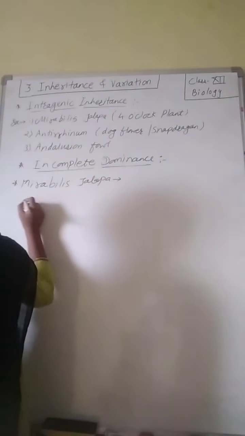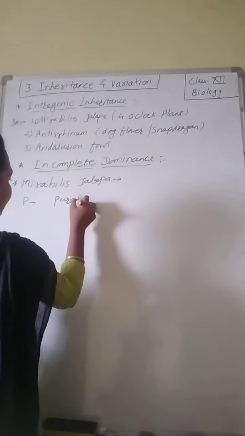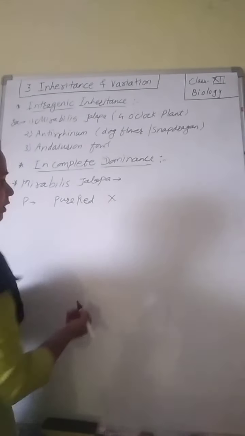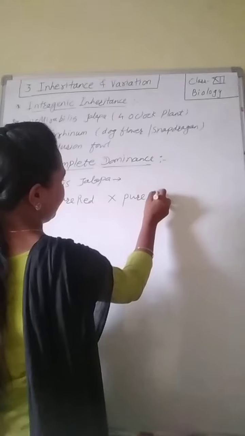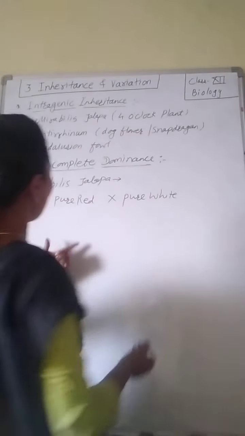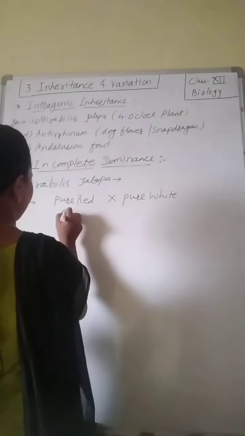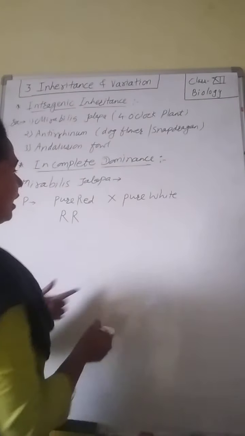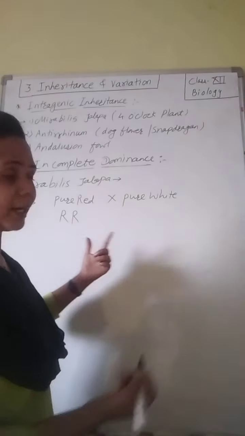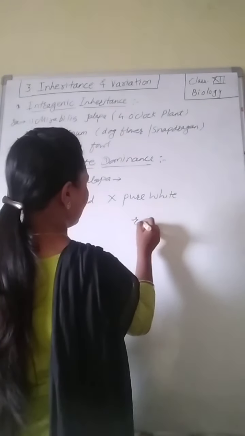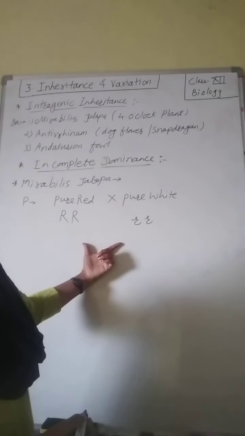Pure red is crossed with pure white. Pure red is denoted by the genotype capital R capital R, and pure white, the contrasting character, is shown by small r small r.